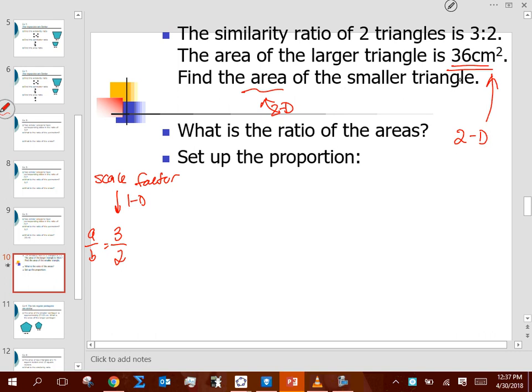So if I want to find the area of the smaller figure, I cannot use that scale factor. Does that make sense to everybody? That scale factor is only going to find me linear dimensions. Okay? Meaning like just a left to right, or just an up and down, or just a forward backward distance. Okay? I'm trying to find an area. So if I have A over B as 3/2, what's A squared over B squared going to look like?